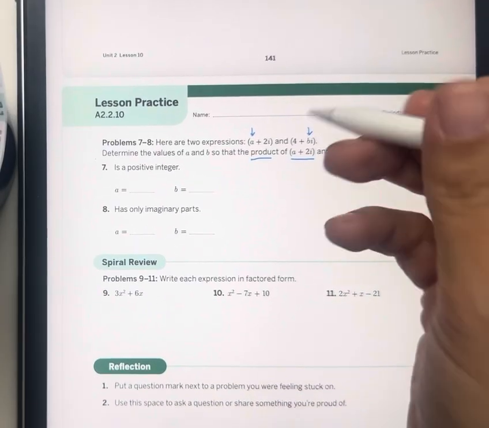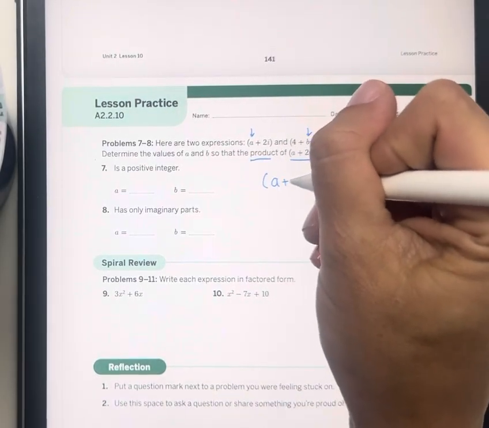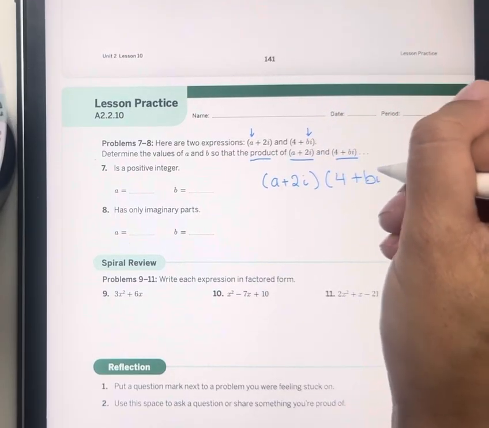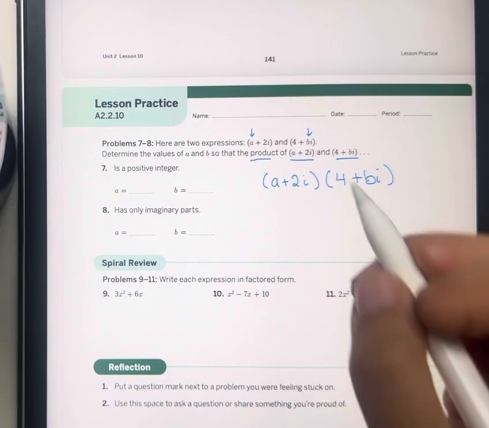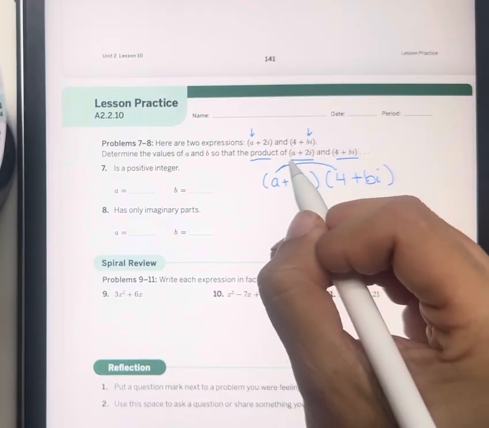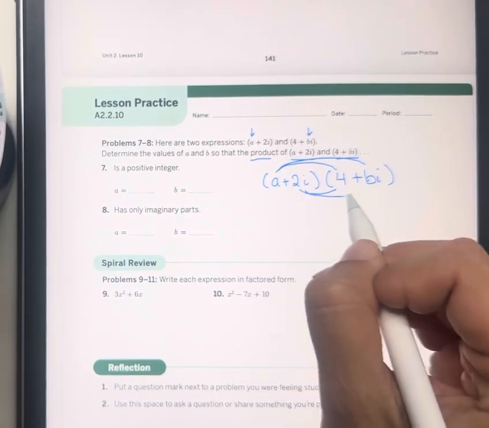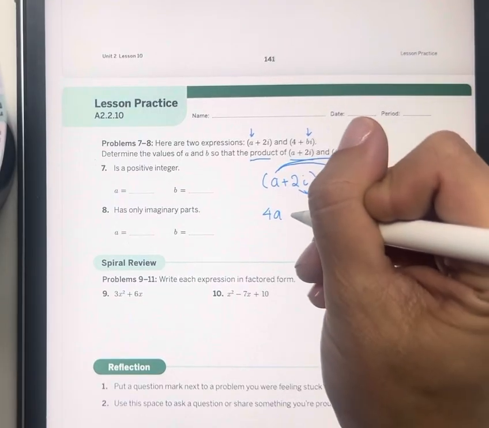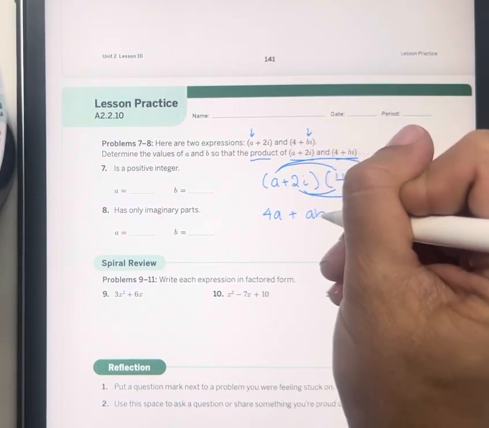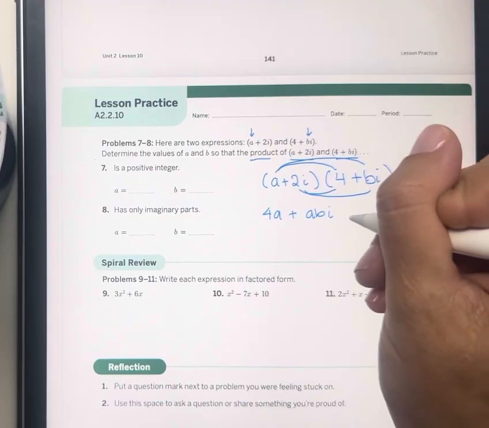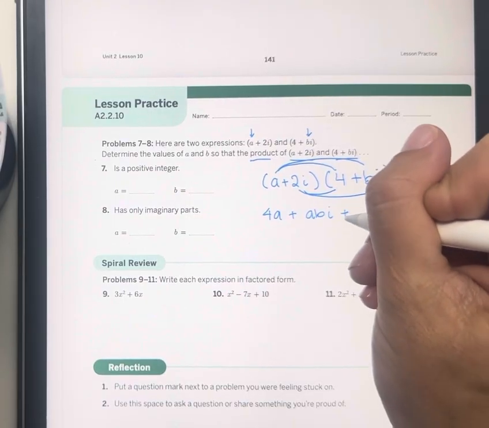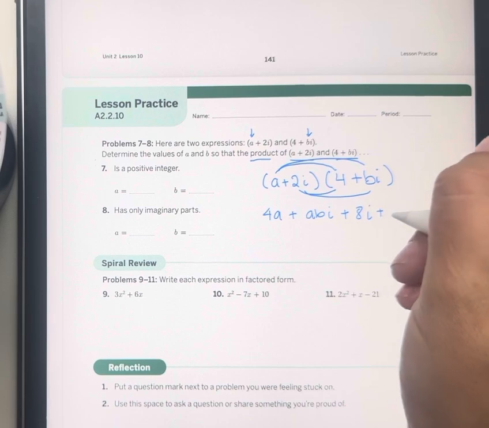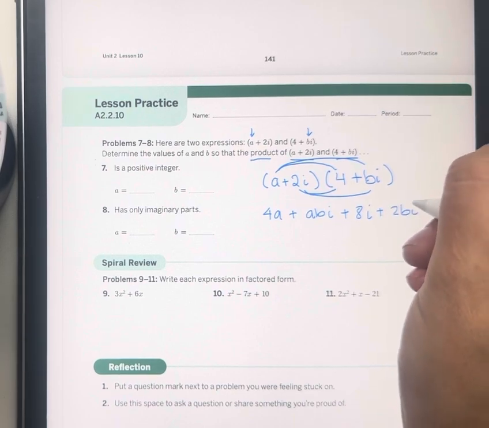Okay? So take a plus 2i and take 4 plus bi and just multiply them. Distribute the a, distribute the 2i. This is 4a plus abi plus 8i plus 2bi squared.